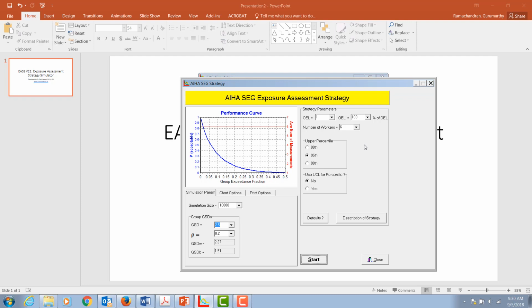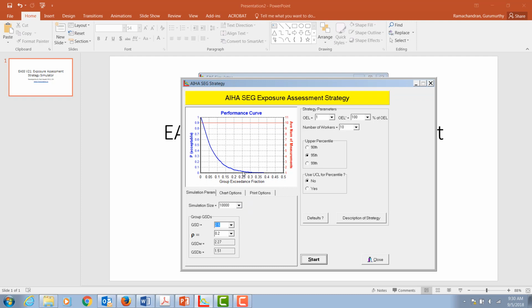Now let's do another calculation where we increase the number of workers from 6 all the way to 10, and run the simulation again. Looking at the 0.25 group exceedance fraction point, the probability of declaring a clearly unacceptable profile as acceptable is much lower.